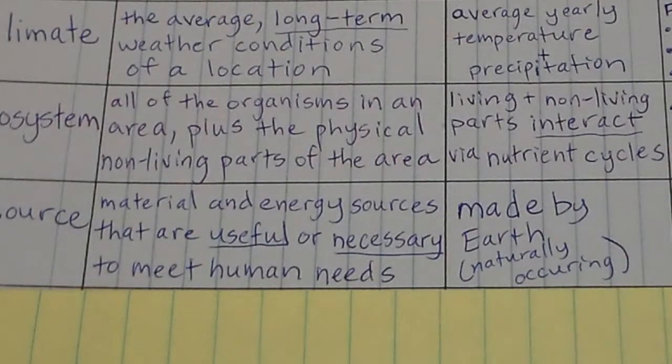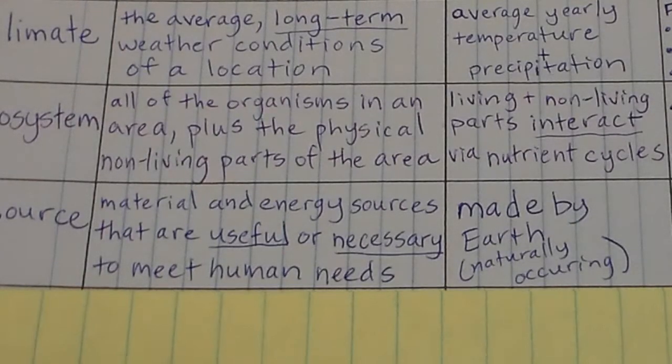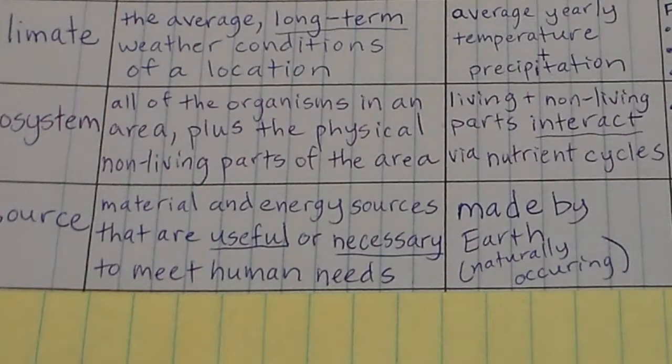Paper is a human resource, but that did not come naturally out of the earth. It was made from something that's a natural resource. So the key thing here is when we're talking about resources, we're talking about things made by the earth that are naturally occurring, right? We're not talking about things made in factories. We're not talking about things that people make by putting things together. They have to be things that are naturally occurring.